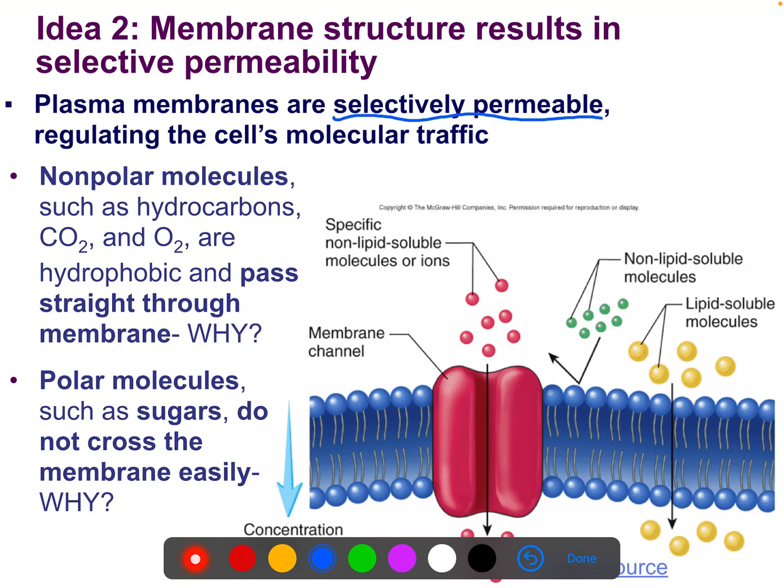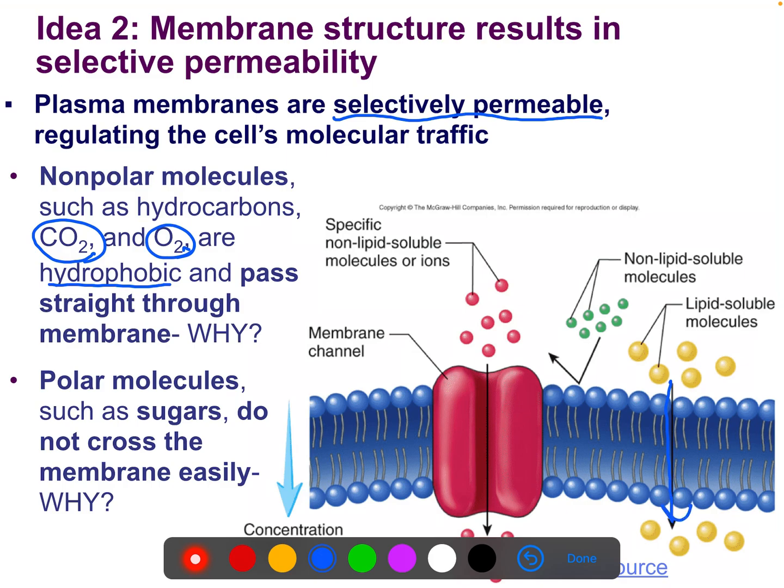We have to talk about two different types of molecules that can be coming in and out of the membrane. The first is nonpolar molecules. We've talked about these types of molecules in Unit 1, but we're talking about carbon dioxide, oxygen, little hydrocarbons. These are hydrophobic and can pass straight through the membrane.